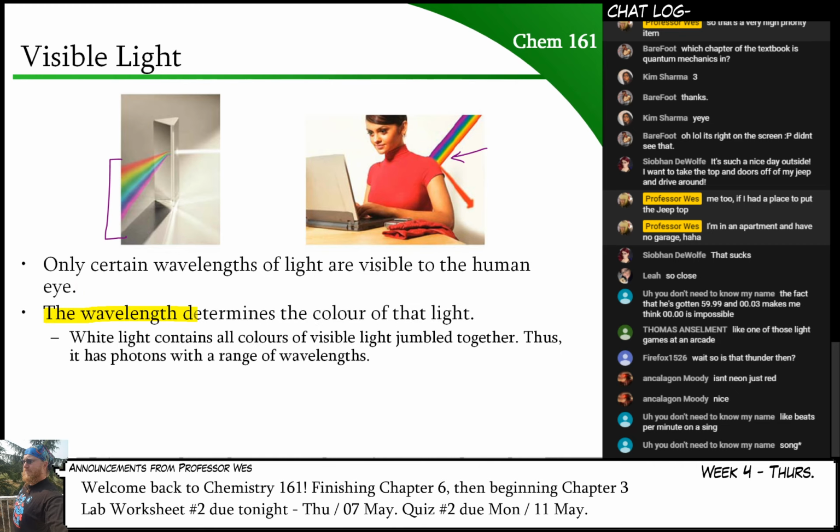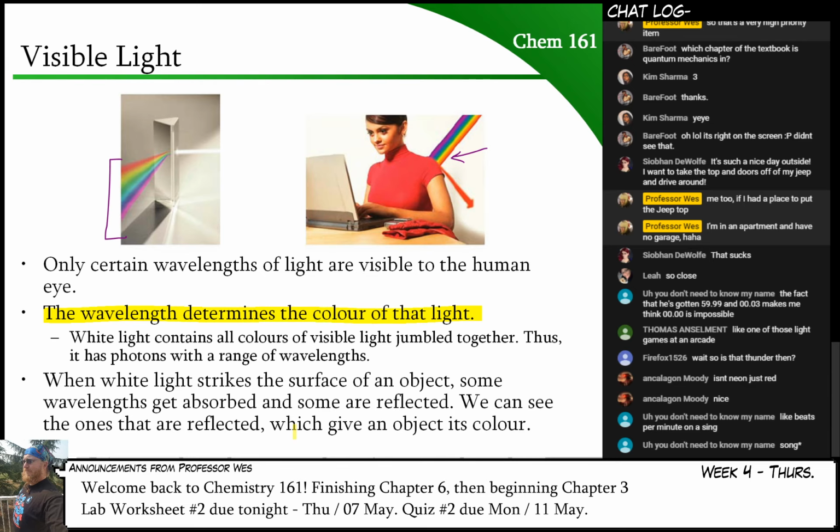So the wavelength determines the color. Now, white light has all the wavelengths mixed together because it's just a jumbled assortment of photons. Splitting them apart is what creates the different colors that you can see when you have a prism.